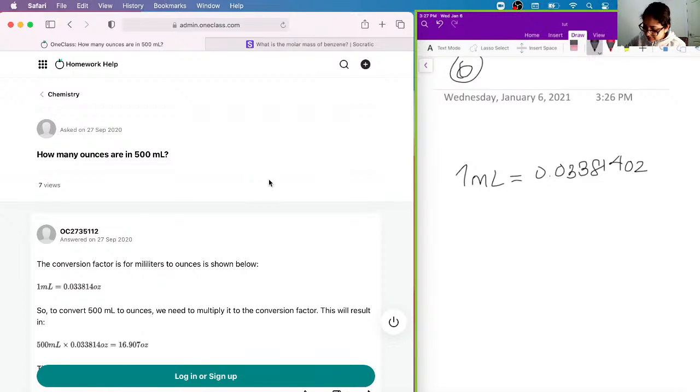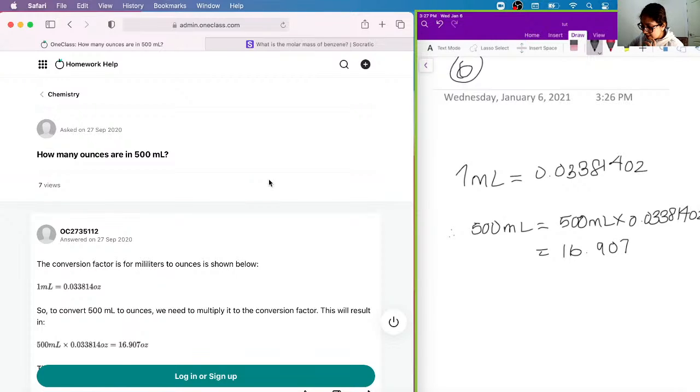And so 500 ml is equal to 500 times 0.03381, and the answer for this is 16.907.